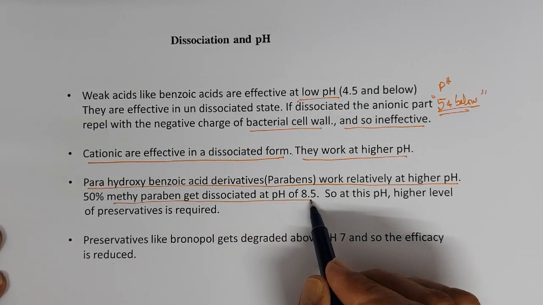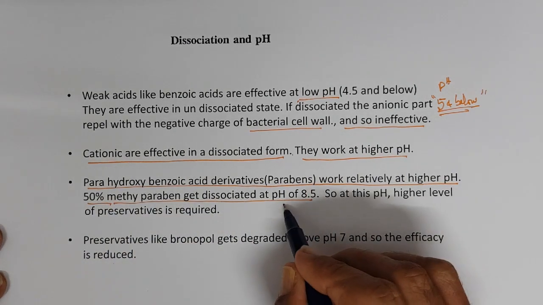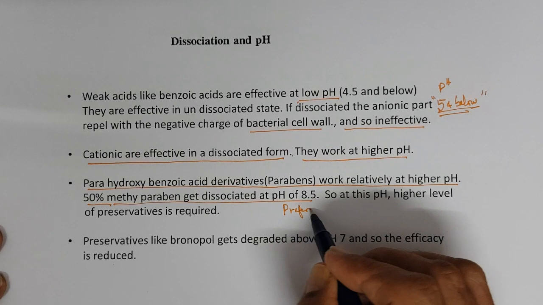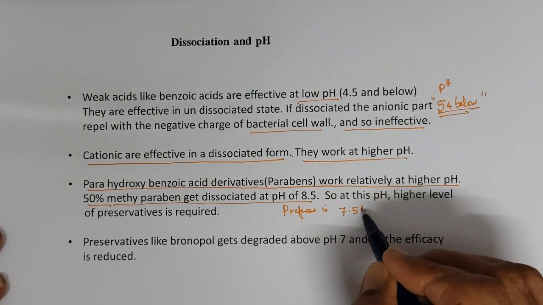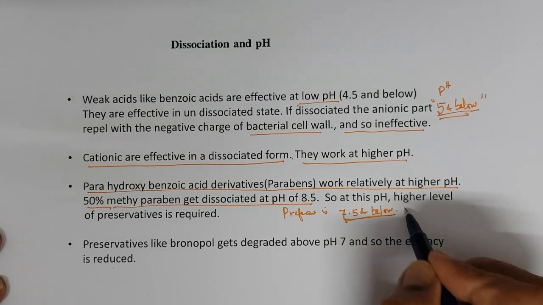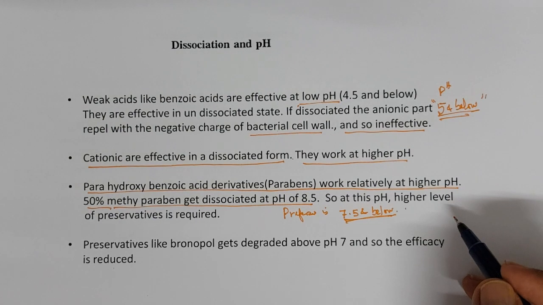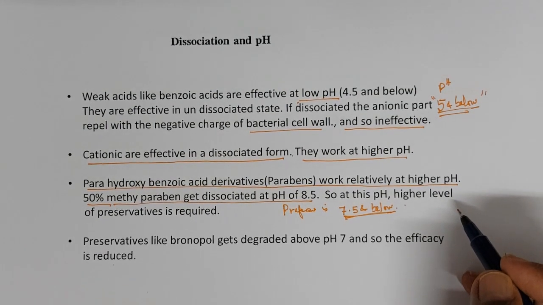They start 50% dissociating at 8.5. Preferable pH is 7.5 and below for parabens to be more efficacious, right? After that they start dissociating rapidly.